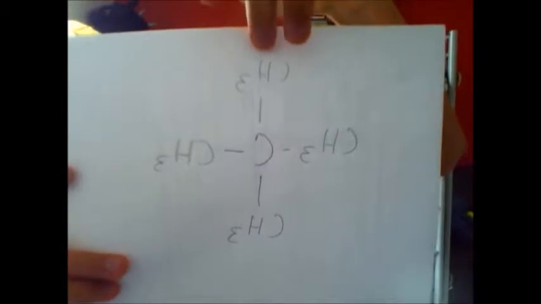Another example of an alkane is this one. In this case, we could use this main chain or this one, so we're going to use the horizontal one. There are 3 carbons in the main chain, so it will be propane.